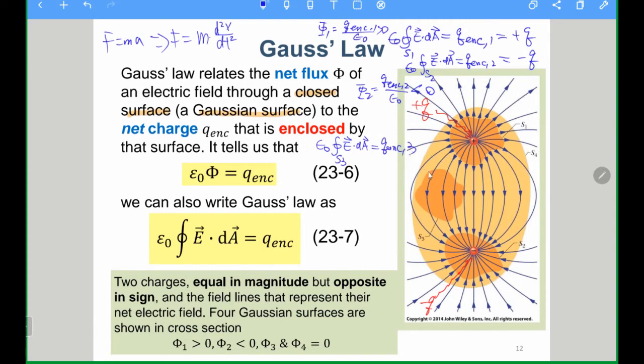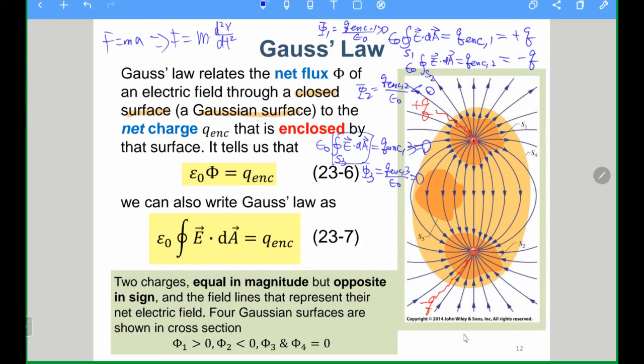Here it encloses nothing, so this is 0. So phi 3 equals Q enclosed 3 over epsilon naught, which is also 0. So we can conclude that phi 3 is 0.